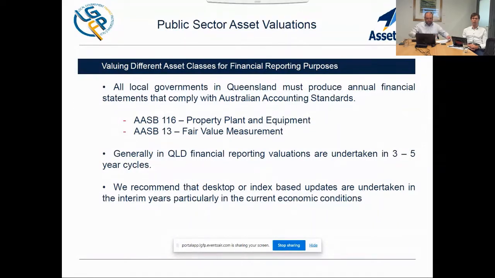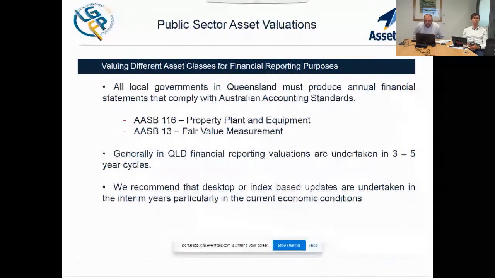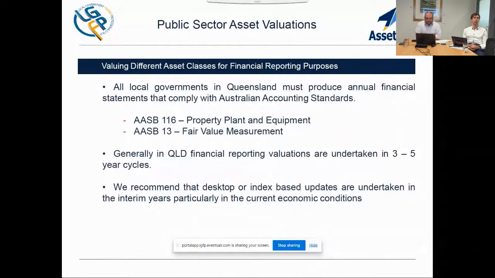A lot of local governments in Queensland will generally be familiar with undertaking comprehensive revaluations every 3 to 5 years, and then potentially doing indexations or materiality justifications in the interim years. So that's one thing that we definitely recommend undertaking in the current economic conditions, is doing indexations between your comprehensive valuations, because we're finding gone are the days of 1 or 2% a year type increases in costs.